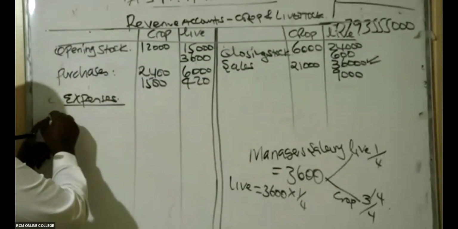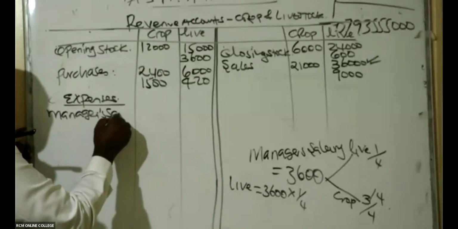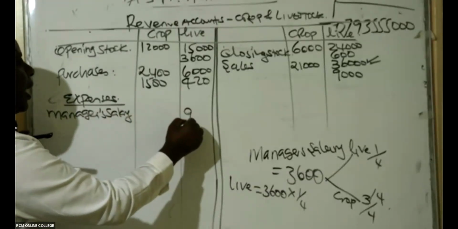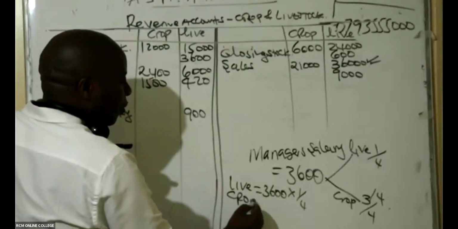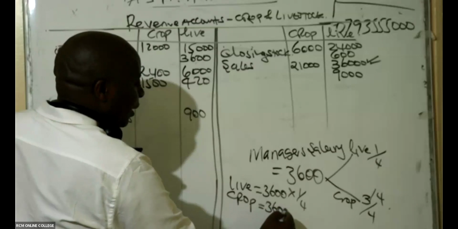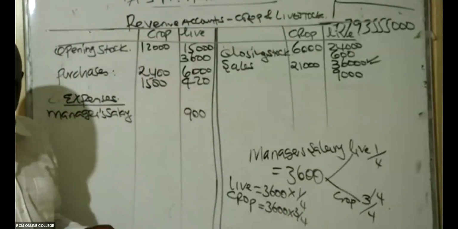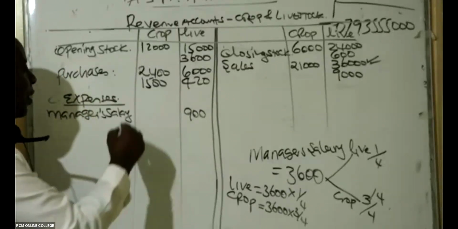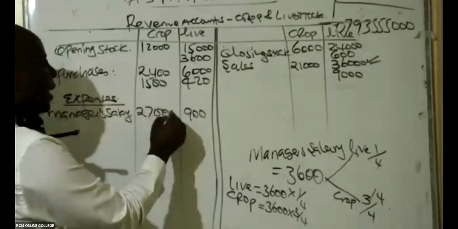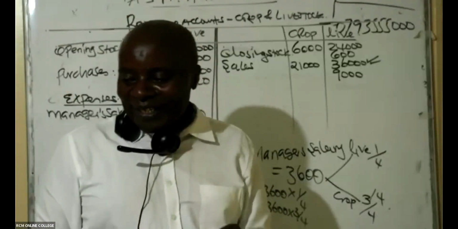Manager's salary for livestock is 900, and for crop we have 3,600 times 3/4, which gives 2,700. Have we understood this?